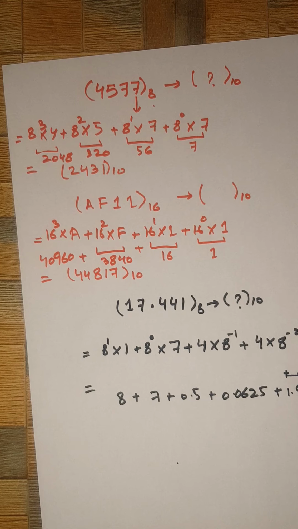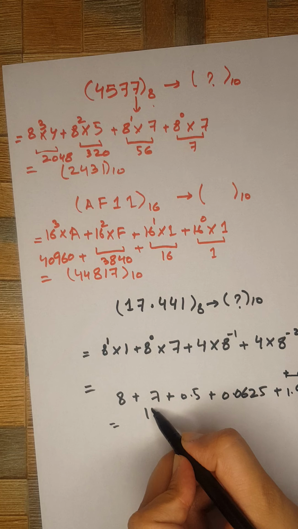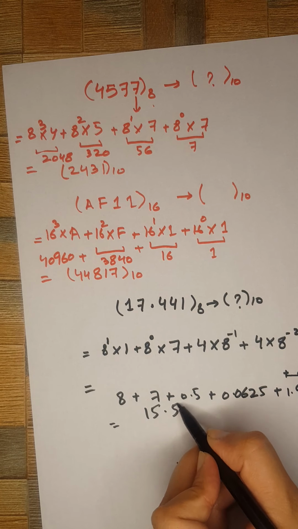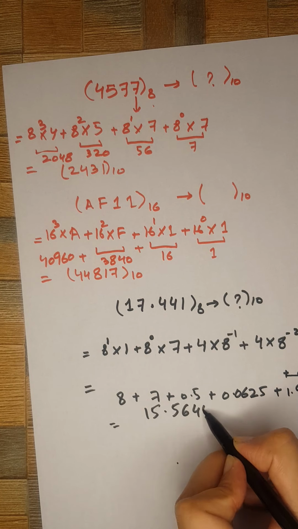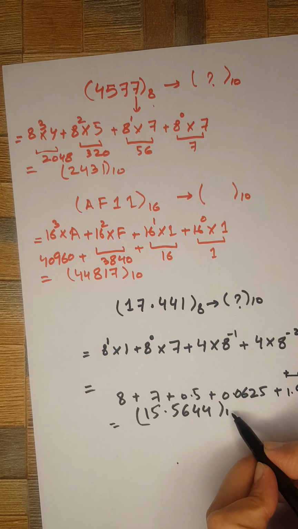Fine. Now let's add all these terms. You will get 8 plus 7 plus 0.5 plus 0.0625, plus 1.953125 into 10 raised to power minus 3, and you will get the result equal to 15.5644 in decimal.